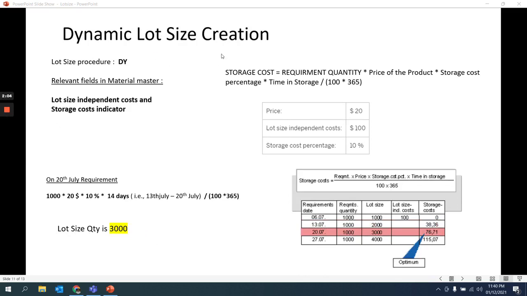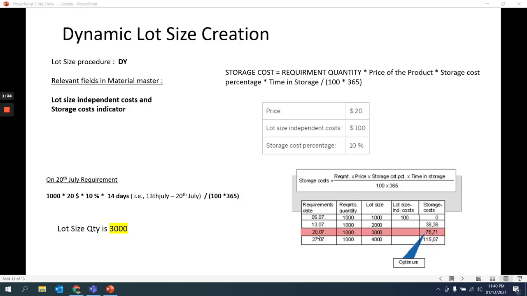In the dynamic lot size procedure, which is DOI, system uses the same parameters as the previous period lot sizing procedure, whereas instead of total storage cost, system only uses the storage cost. Wherever the system finds that the storage cost exceeds the lot size independent cost, system will stop considering the requirement quantity.